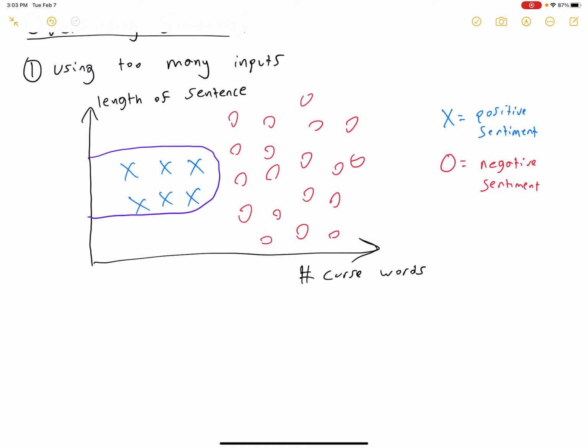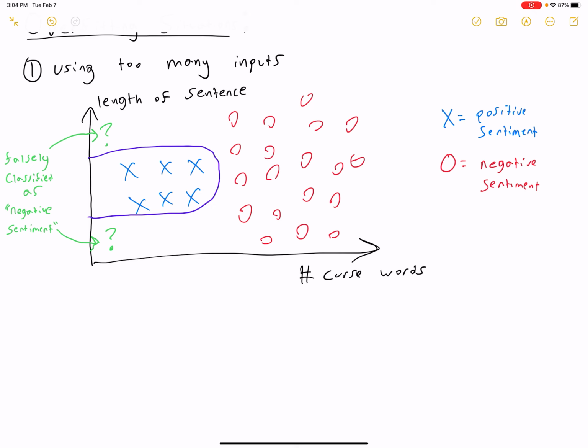So let's say our new point fell here. Then this would be falsely classified as negative sentiment, even though probably a better decision boundary would have classified it as positive sentiment. Same for over here, so let's label that falsely classified as negative sentiment. So there and there.